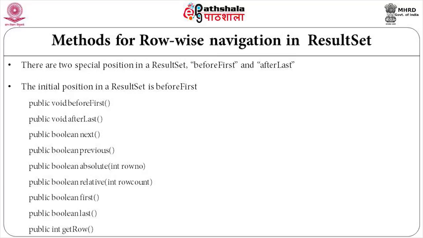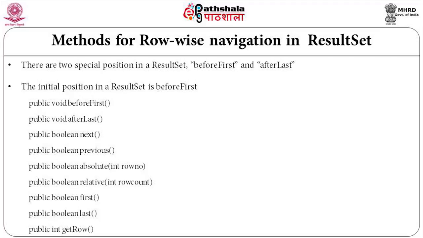If you want to obtain any information from a particular cell, you should first locate the appropriate row, and then for your current row, which the ResultSet manages as current row information, you can ask for the value from any particular column. So how do we navigate row-wise within the ResultSet? There are various methods for that.